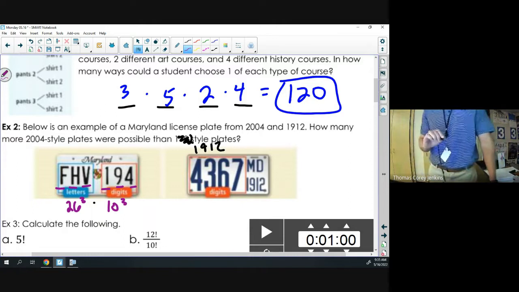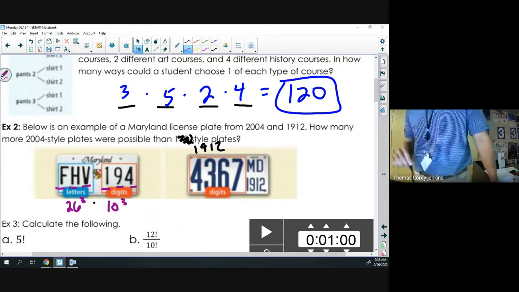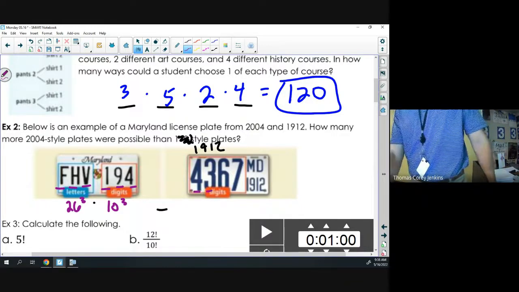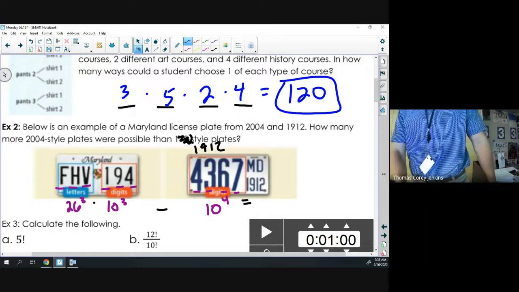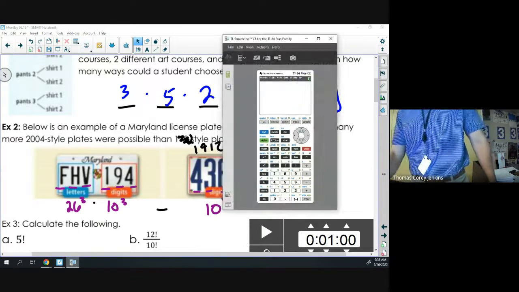So that's going to be a lot of possibilities, right? And let's go ahead. It says how many more than the old plate. So we're going to subtract from that the number of ways to do the old plate, which just had 1, 2, 3, 4 digits. So there'd be 10 to the 4th power ways to do that. Obviously, we'll need a calculator for that. So we'll do 26 to the 3rd times 10 to the 3rd.